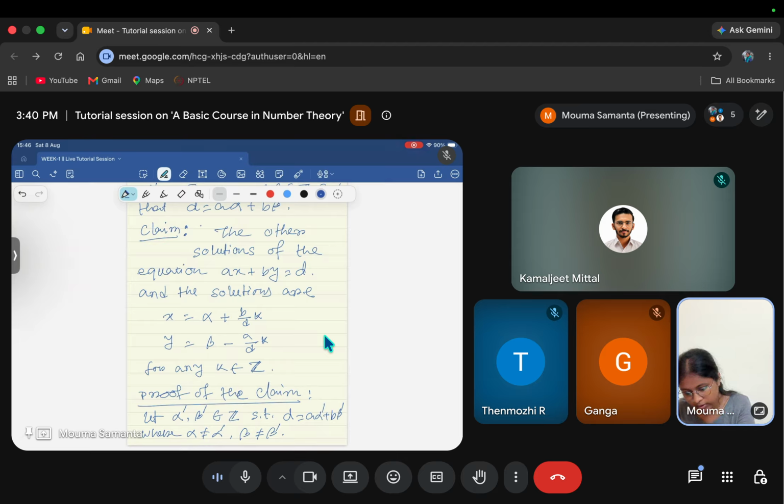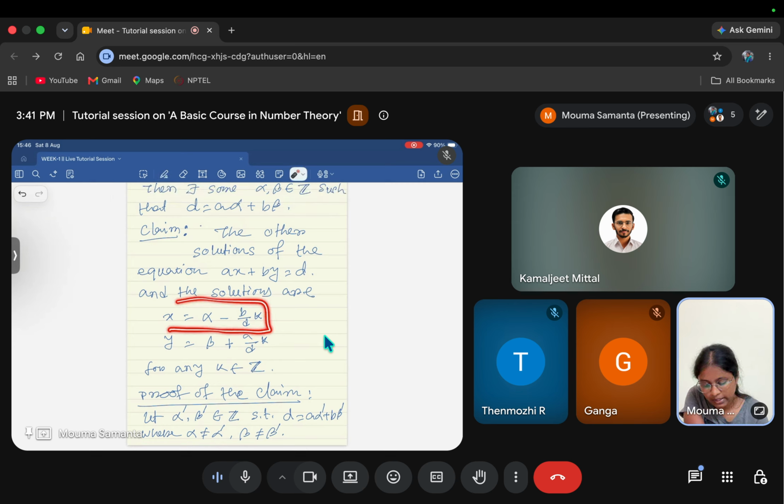So here I have written it as positive and this as negative, but it is equivalent to write this as negative and this as positive, because if you take k as minus k prime, you can get the signs reversed here.